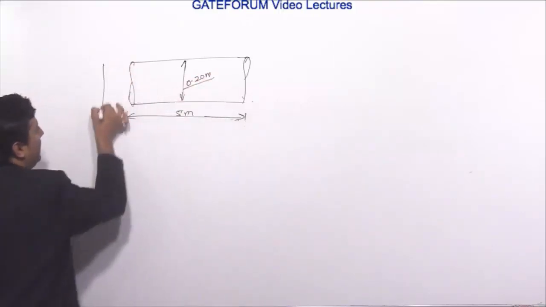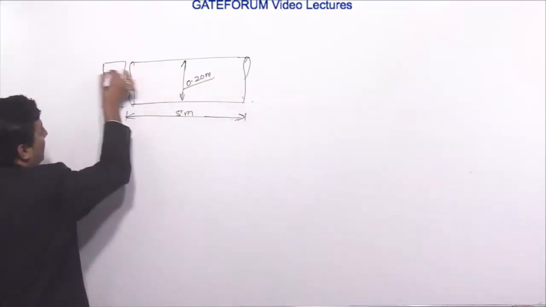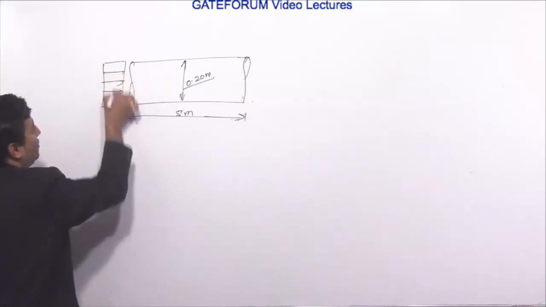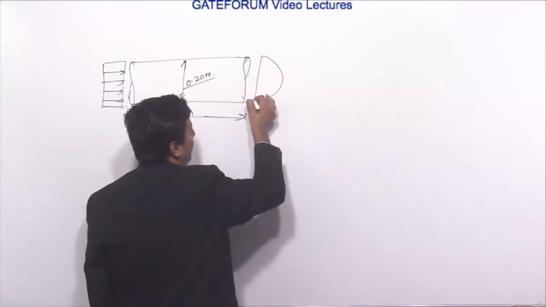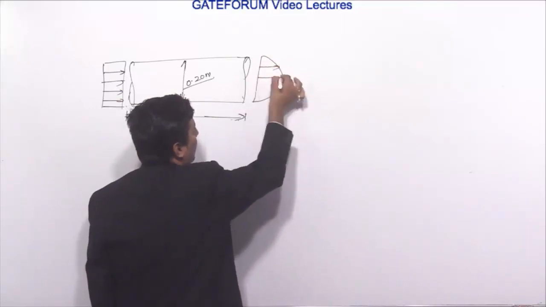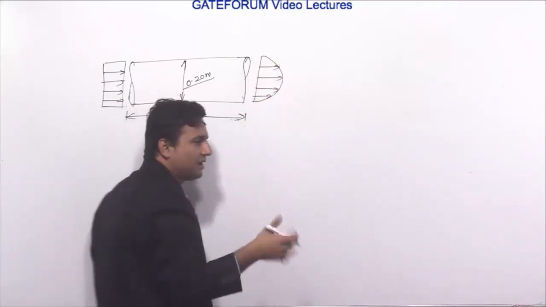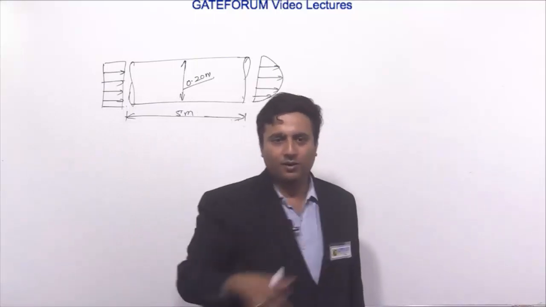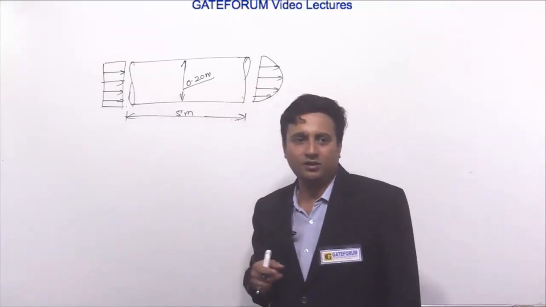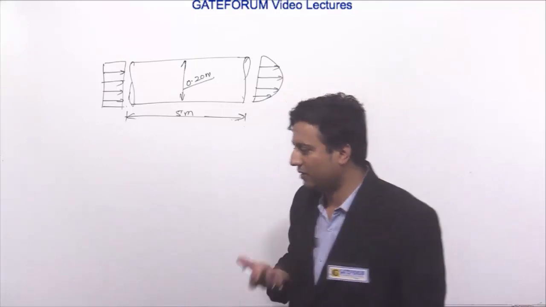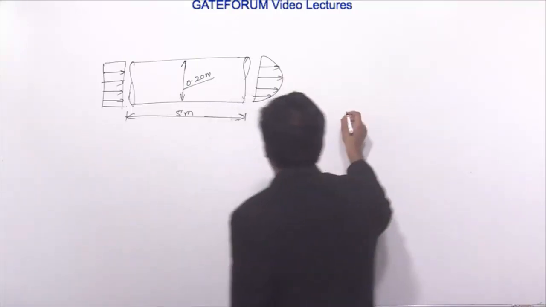While entering the pipeline it has uniform velocity, while leaving it has a parabolic velocity profile. These things are given, but no convergence or divergence is given.